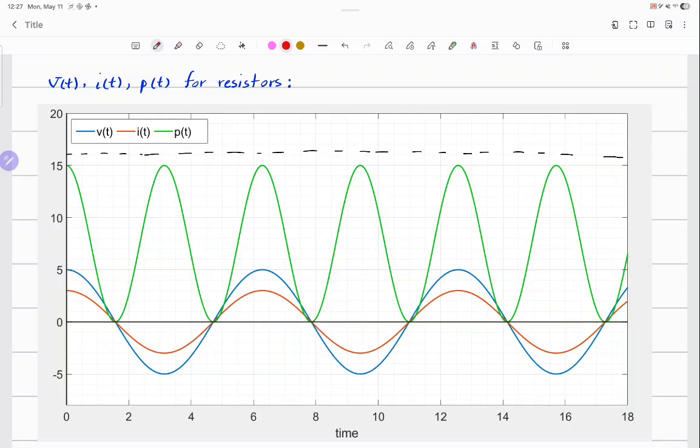First of all, what is your observation when you are looking at the blue and red, the voltage and current? What is something that's just screaming at you? They have the same frequency, and more important than that, they have the same phase.